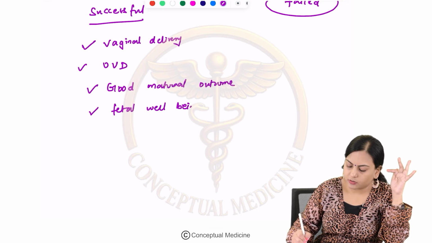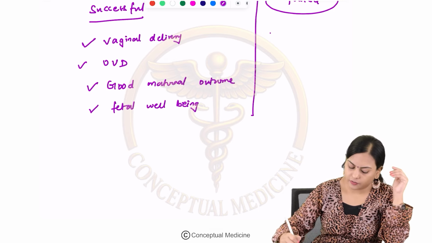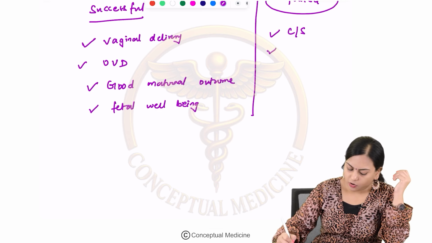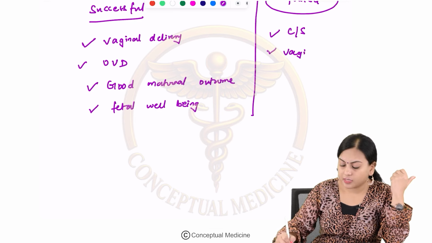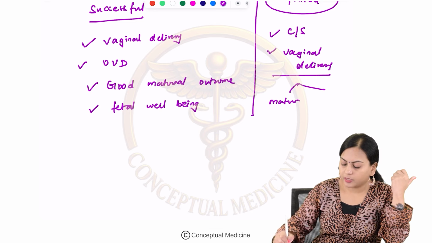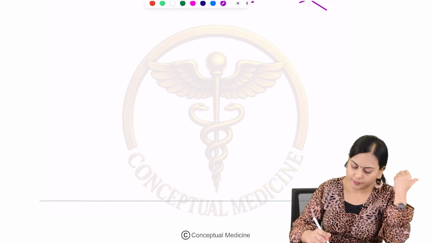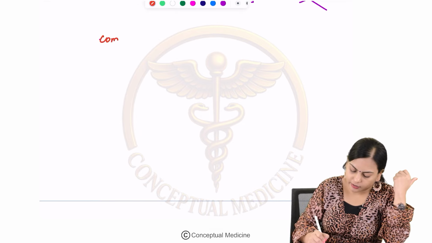It is said to have failed when it has ended up in cesarean section, or it has ended up with vaginal delivery itself but there are poor maternal or fetal outcomes. Okay, so both maternal and fetal outcomes are not good. Clear?